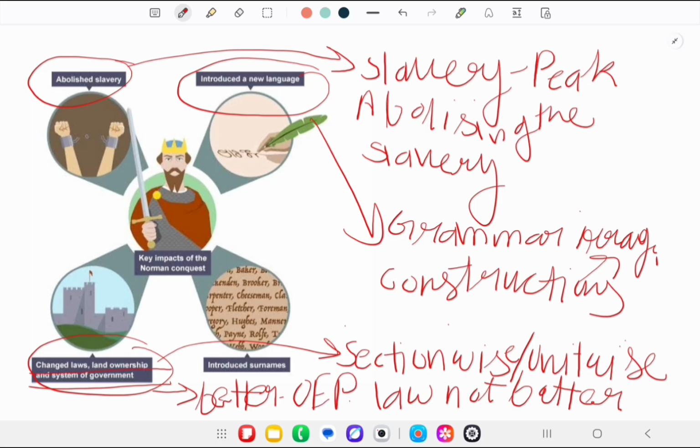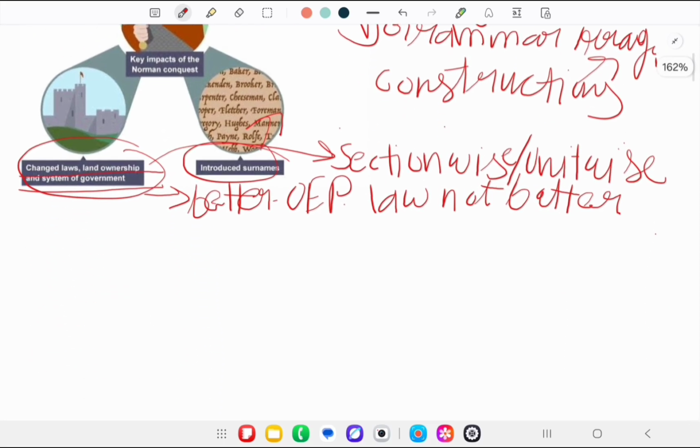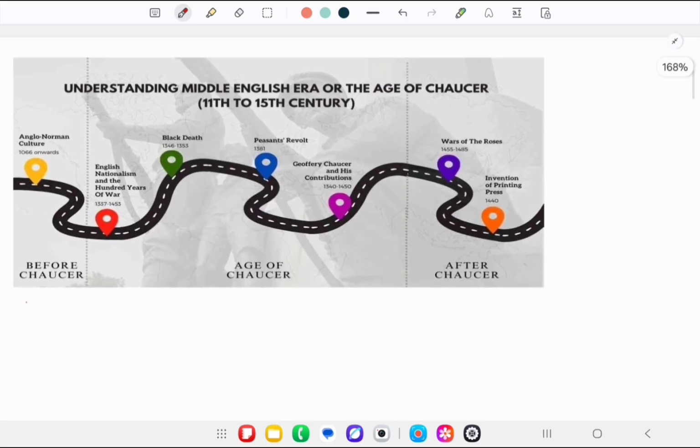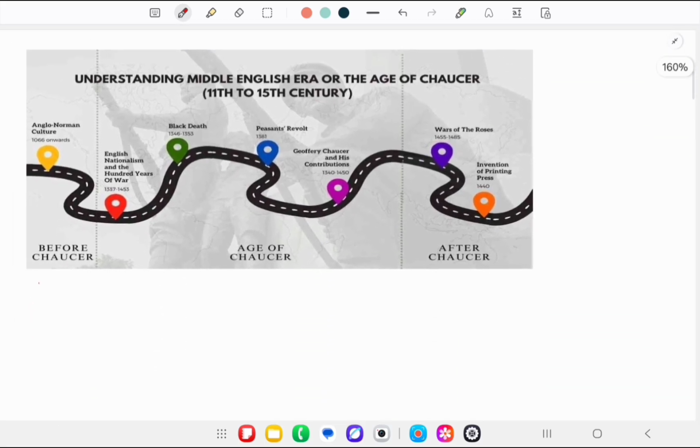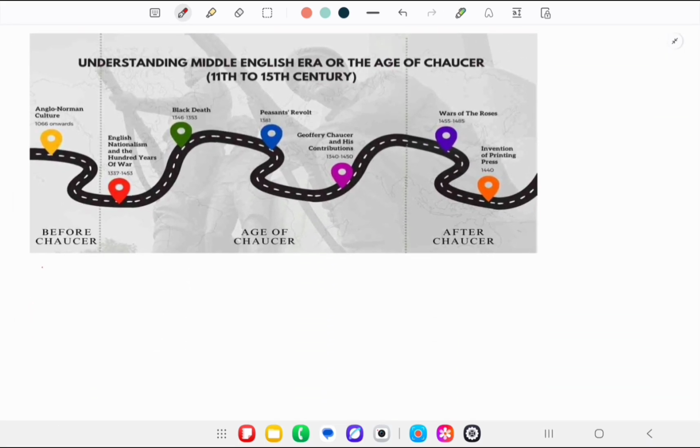In the Middle English period, surnames were also introduced. When we talk about the Middle English period, that was the era also popularly known as the Age of Chaucer, which roughly spans from the Norman conquest in 1066 to the 15th century.